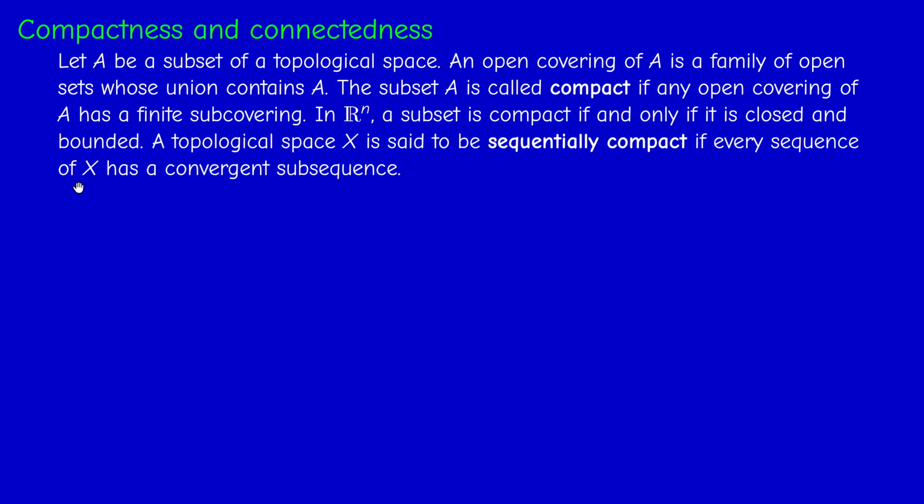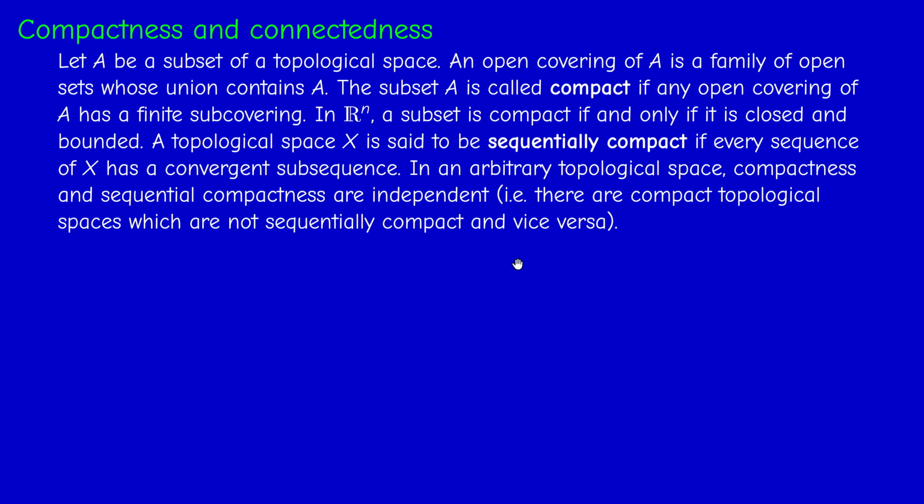Okay. Now we have another notion closely related to the first one, but independent. It's called sequential compactness. A topological space X is said to be sequentially compact if every sequence of X has a convergent subsequence. Now, in Math 201, we know that sequential compactness is equivalent to compactness. Now, in an arbitrary topological space, the two notions are independent.